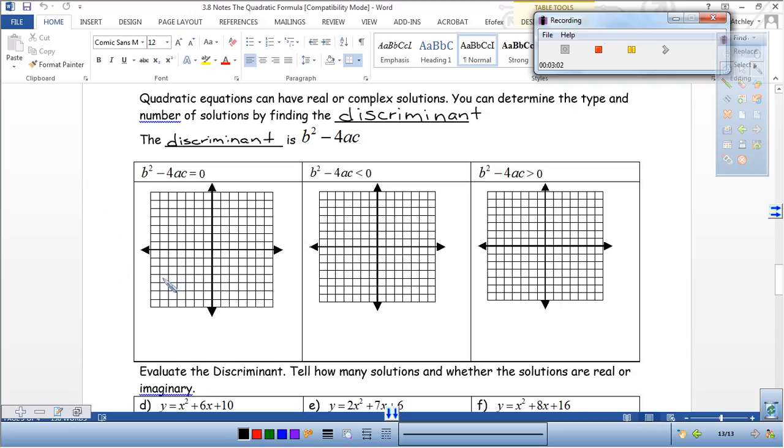So when you're solving your quadratic equation, if you just look at the discriminant, b squared minus 4ac, if that value equals 0, then there is one real solution, or root. Okay. And your parabola will look something like this. The vertex will be on the x-axis.